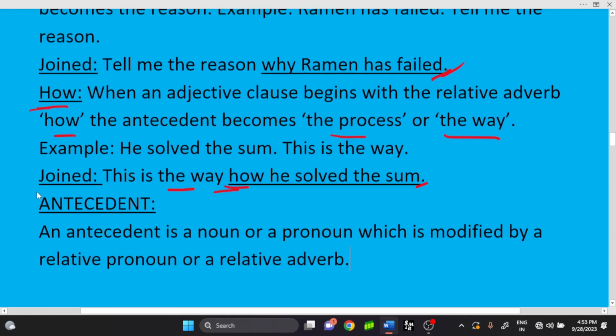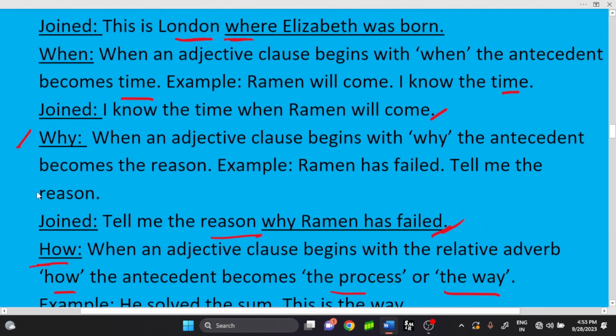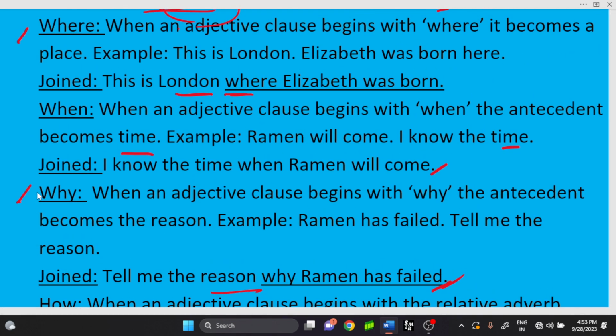Next one, see the very definition of antecedent. An antecedent is a noun or a pronoun which is modified by a relative pronoun or relative adverb. That means the way, the reason, etc. all become antecedents. Suppose this one, this is London where Elizabeth was born.